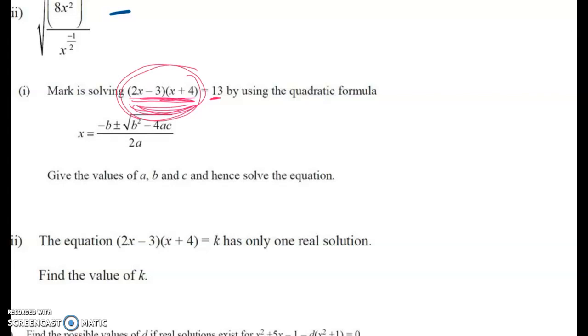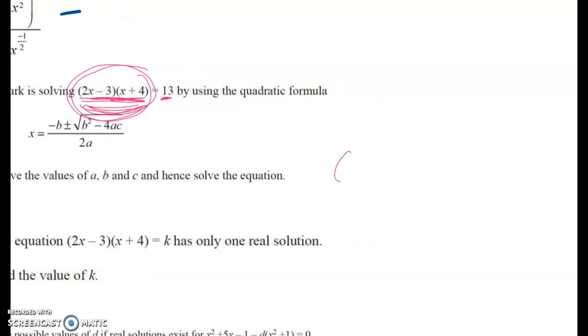So we know that when we want to solve a quadratic equation, we almost always set it equal to 0. So we're going to first of all expand, but then we have to rearrange it to get everything equaling 0.